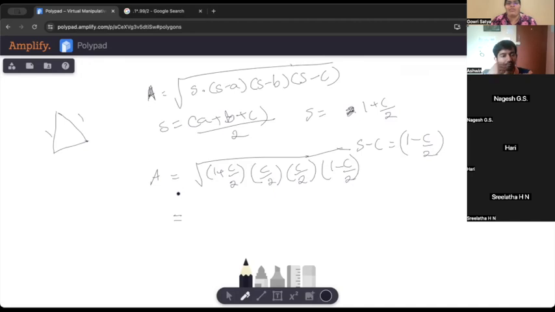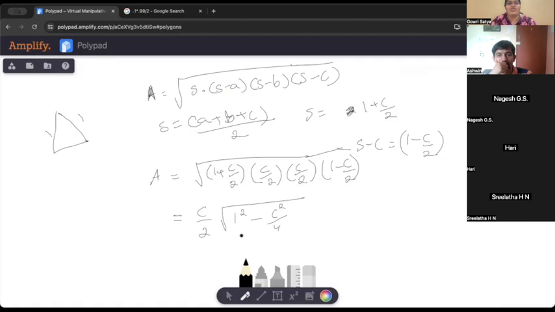S minus A will be C by 2. S minus B will be C by 2. S minus C will be 1 minus C by 2. So we get C squared by 4, so that C by 2 will come out. C by 2 into the square root of 1 plus C by 2 into 1 minus C by 2. That is the square root of 1 squared minus C squared by 4.